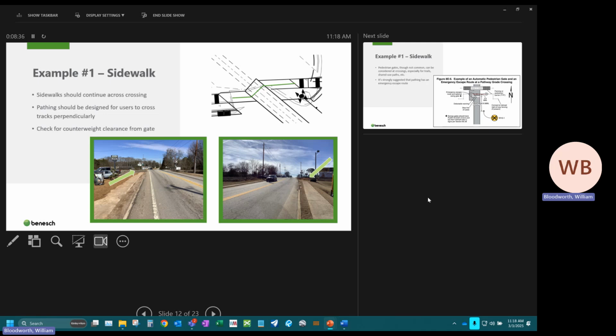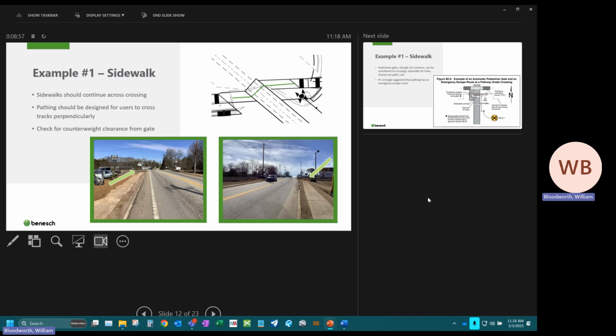We recommend sidewalks continuing through the crossing, more so the image at the top there that you will see. The pathing should be designed perpendicular. That's kind of what the green line is portraying there, to allow all users to cross the tracks. So think bikes, handicapped people, preventing people from getting stuck in the tracks there.